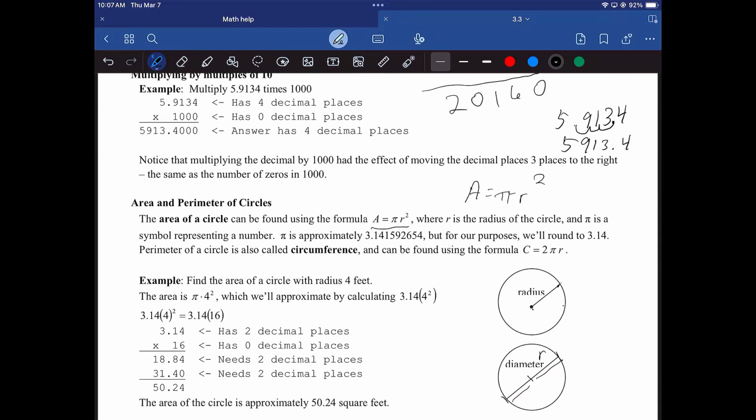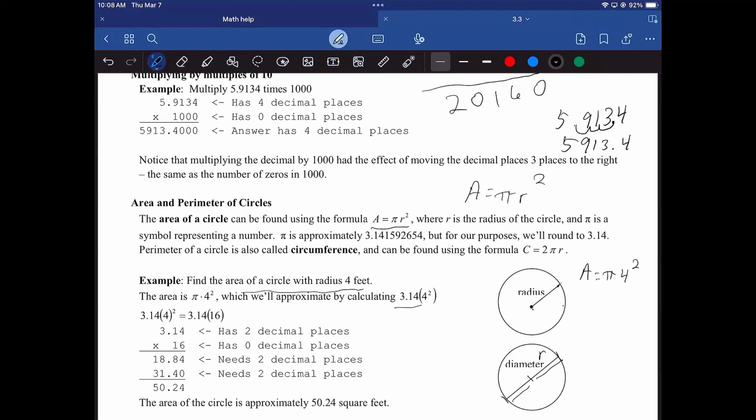So now they're going to be using pi as 3.14 for this exercise. So here we have, find the area of a circle with radius 4 feet. So we say the area will be equal to pi times 4 squared.